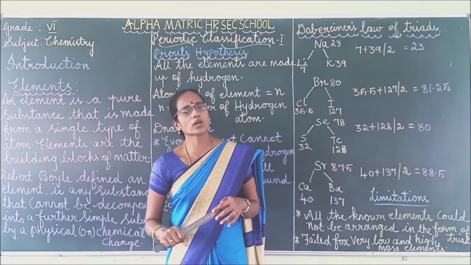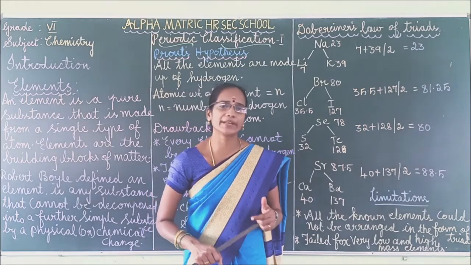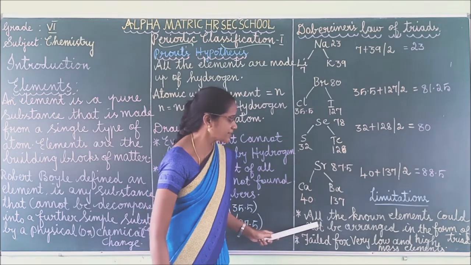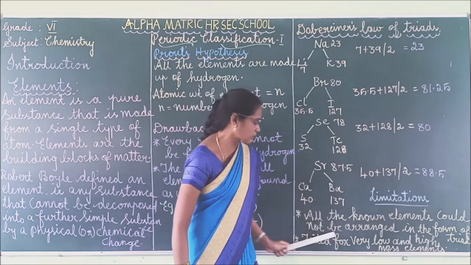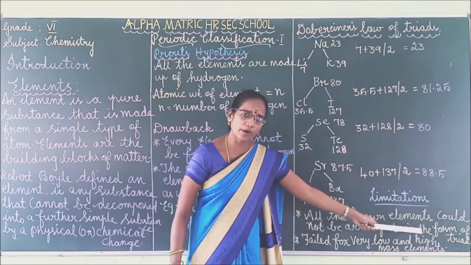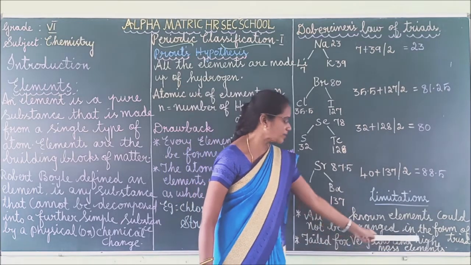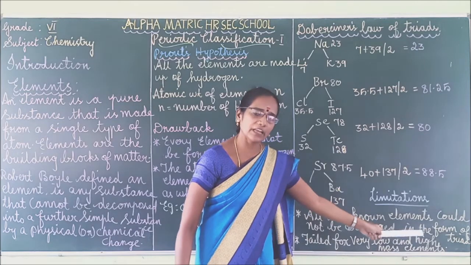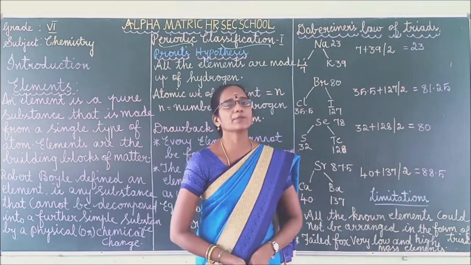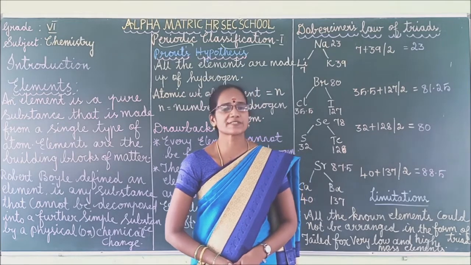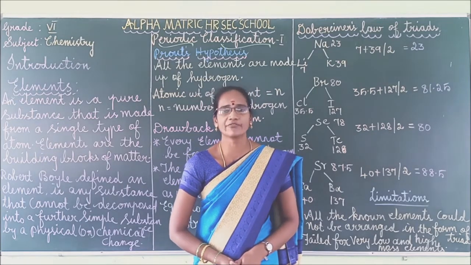So these two are the limitations of Döbereiner's law of triads.